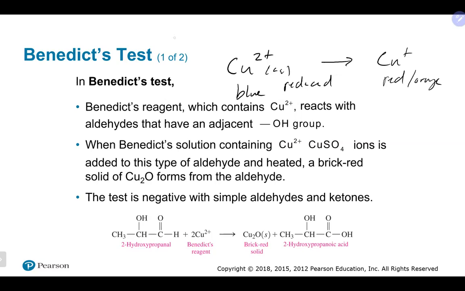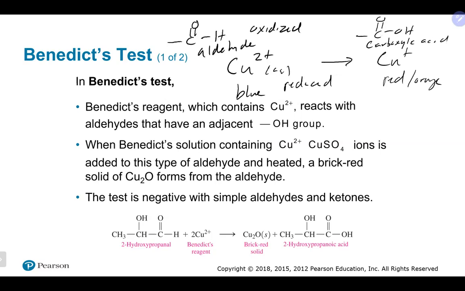Once again, the only thing that would have caused that is an aldehyde that got oxidized to a carboxylic acid. So again, this is a way you can tell if it was an aldehyde that was there before. Any questions on that one?